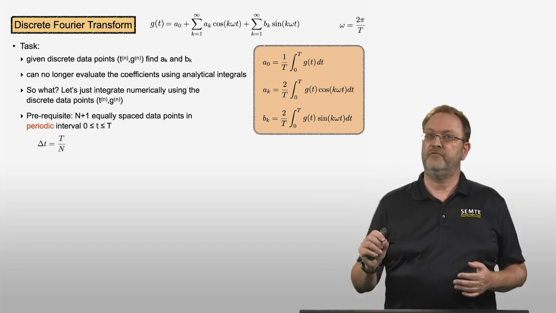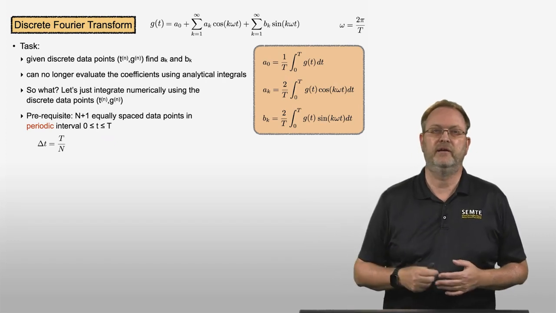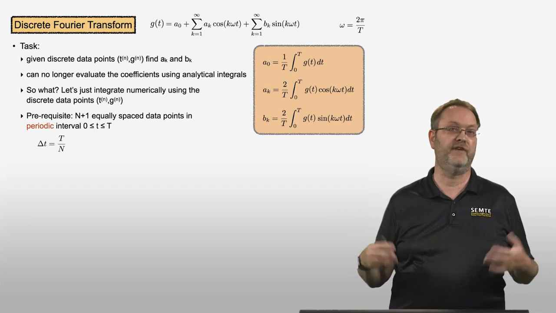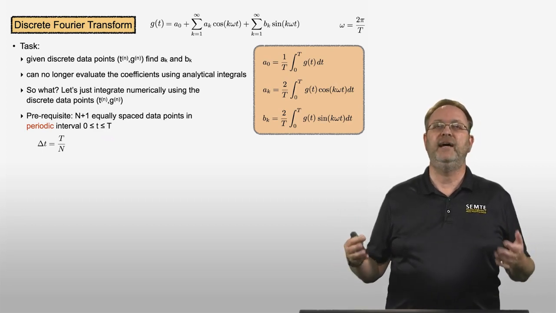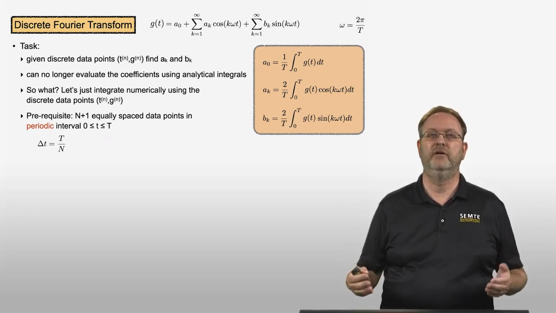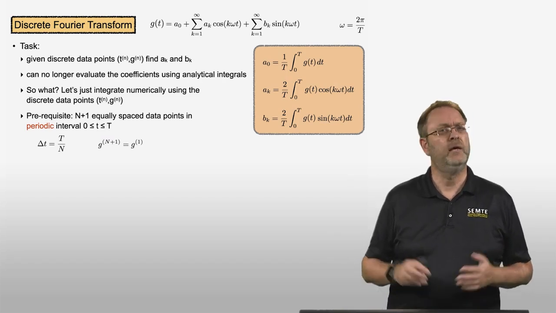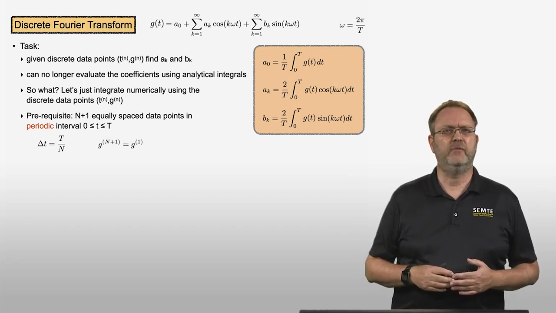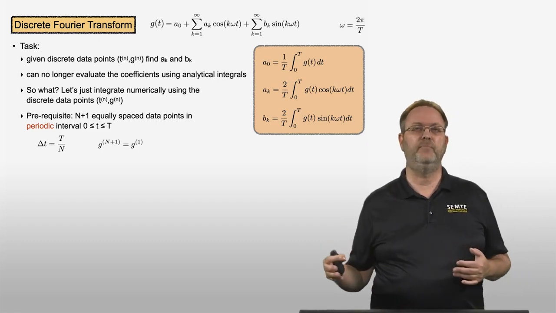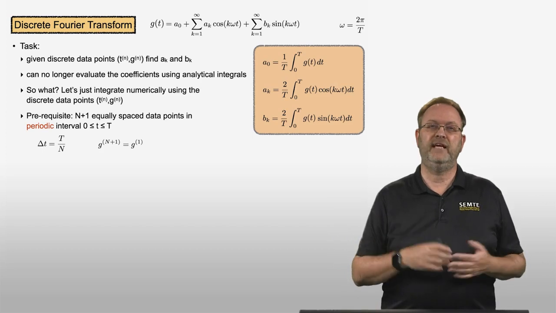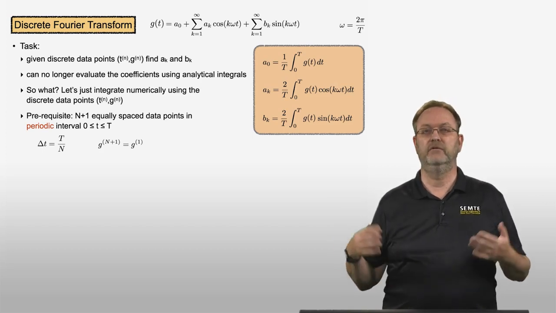Because the data points have to be equally spaced, we can calculate the time between data points, delta T, which is just the fundamental period divided by the number of subintervals, that is uppercase N. And the data has to be periodic, which means that the last data point at n+1 has to be equal to the first data point value g at 1.